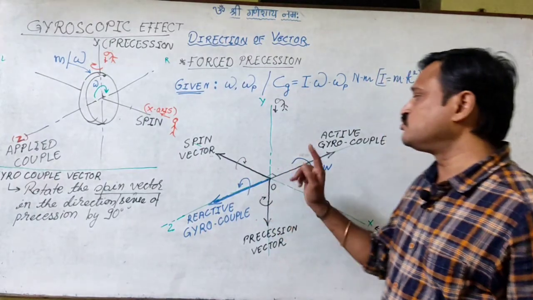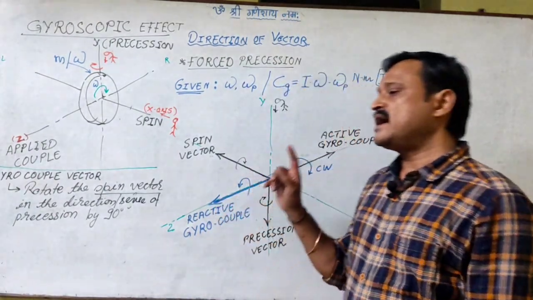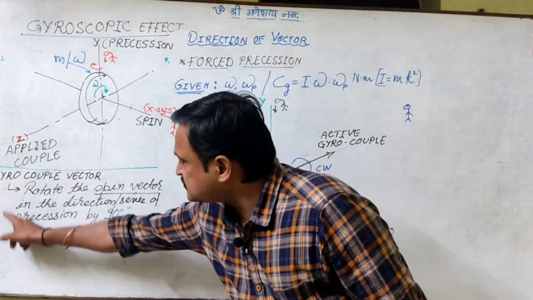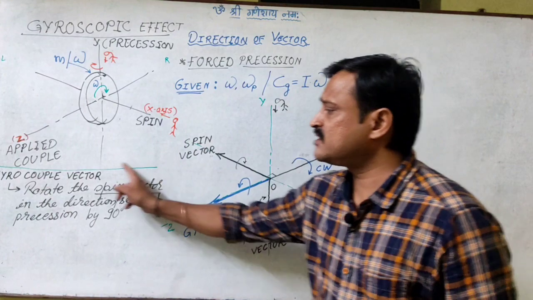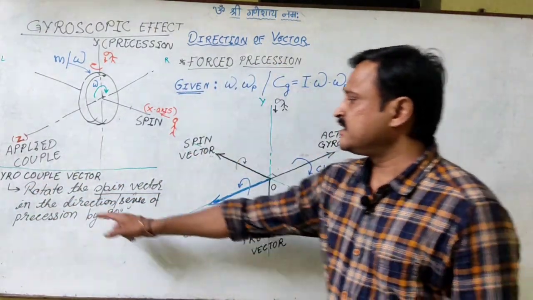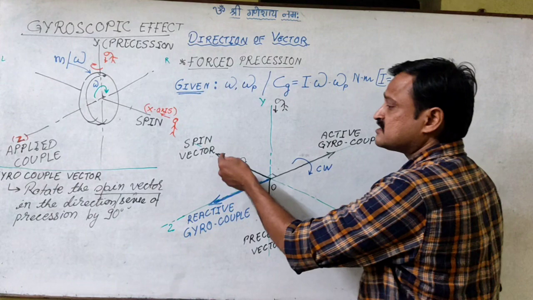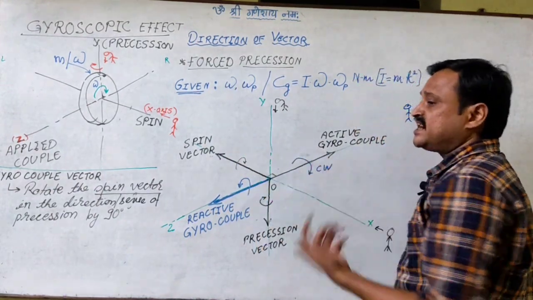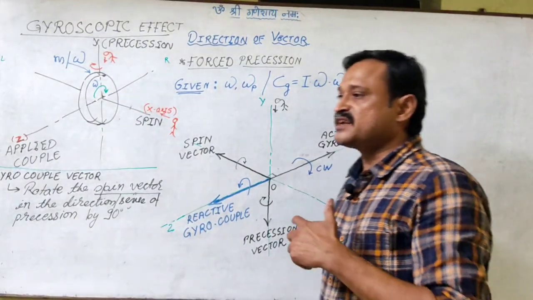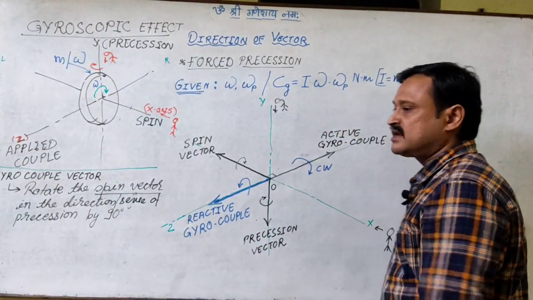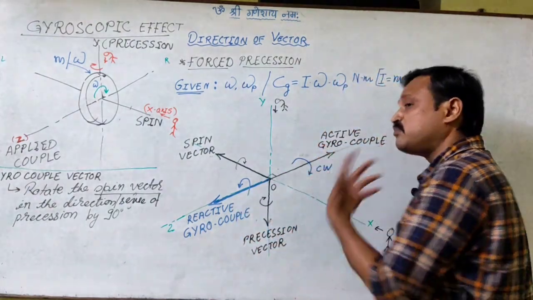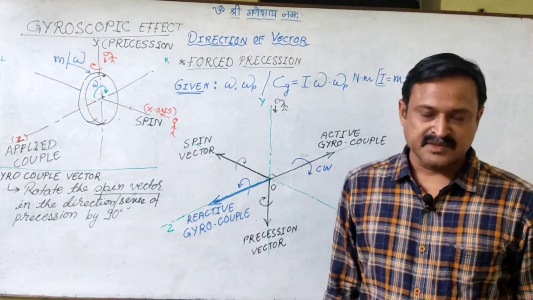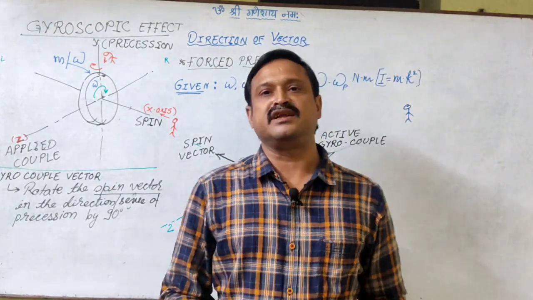When we know these two vectors, that means the vector of precession and the vector of the spin, I am applying the fundamental right hand screw rule, and what we are doing is rotating the spin vector in the sense of precession by 90 degrees. So if I want to determine the active couple, when the active couple is known to me and I want to determine precession, I just do the reverse of it. Now the gyroscopic effect will be this only.